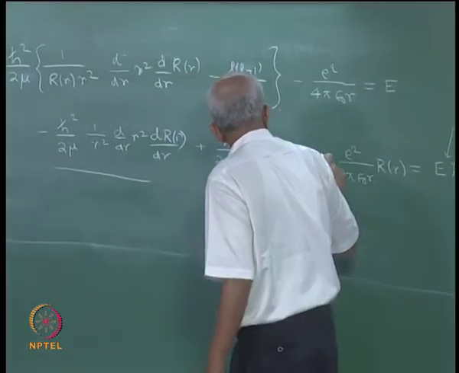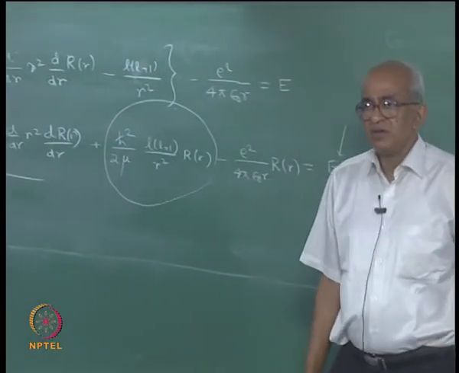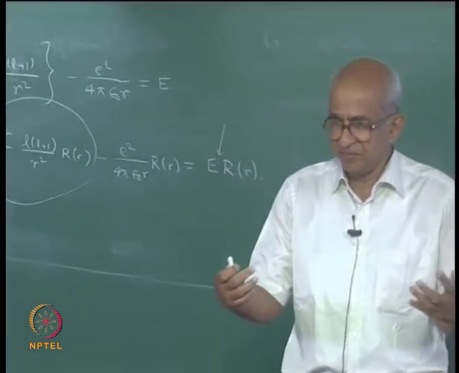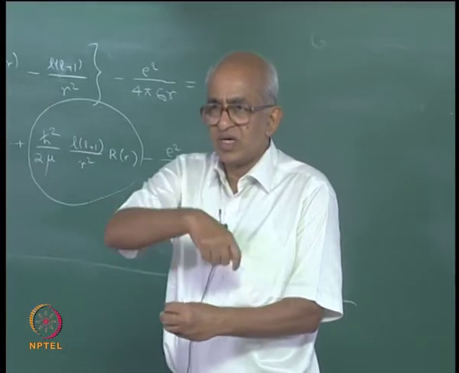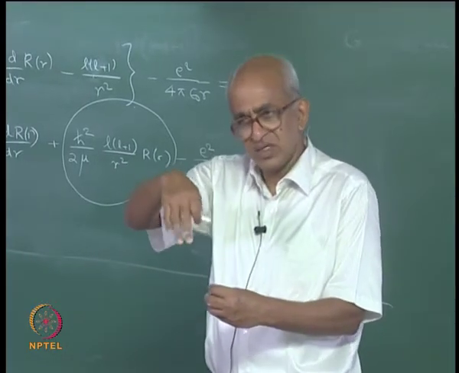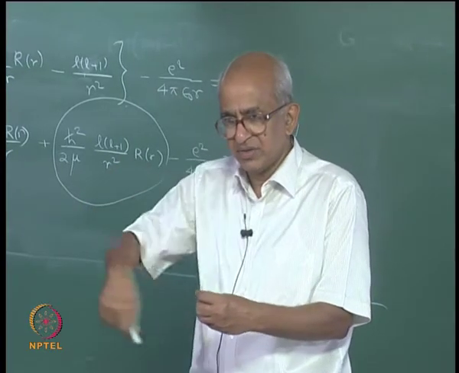But now we have an additional term here. What is this term? You look at the term. The electron is moving around the nucleus, and therefore it has not just radial motion, it also has angular motion.